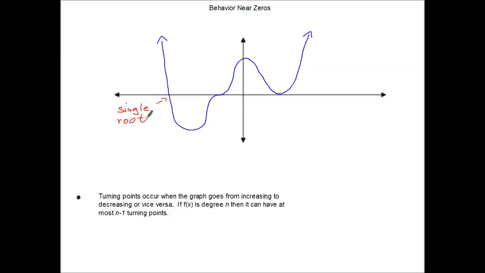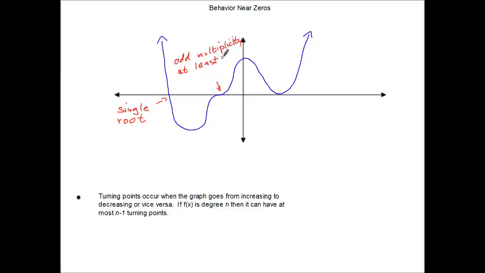Then we saw further to the right where our curve wiggled through the x-axis, and when we see that, that's an indication for an odd multiplicity, and that means it needs to be at least 3.